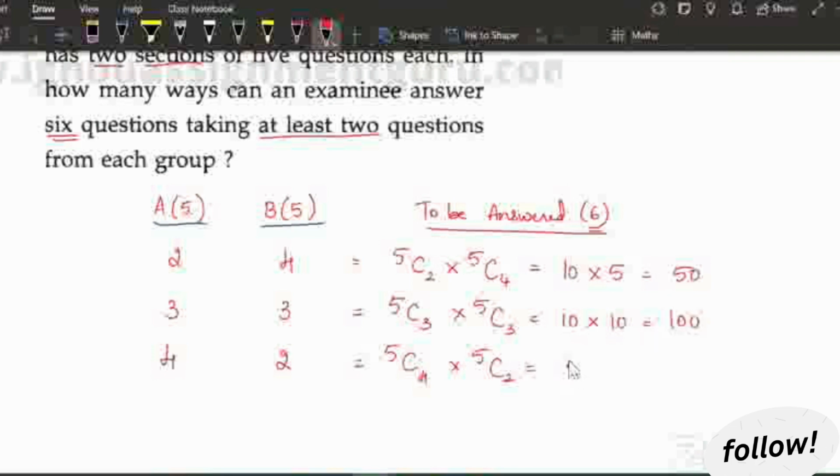Now 5C4 is 5 into 5C2 is 10, which is the same as this if you have observed. So this is 50. So the answer is 200. There are 200 different ways in which a student can answer 6 questions by choosing at least 2 out of each group.